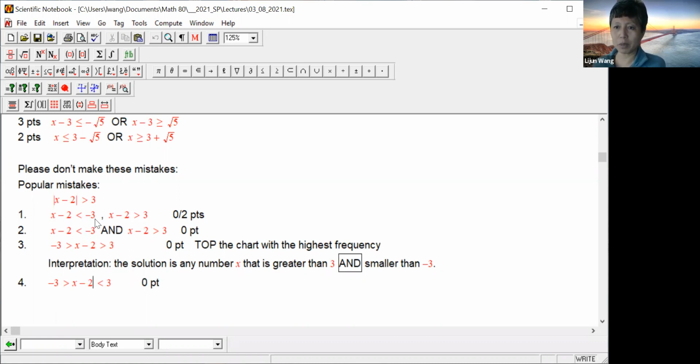So these are the popular mistakes I can think of that have registered in my mind for all these years. I always point out these very popular mistakes, but just because they're popular, they don't make it right. So please commit yourself.